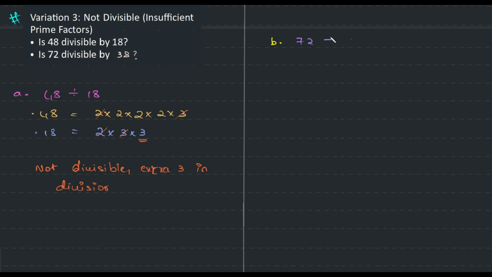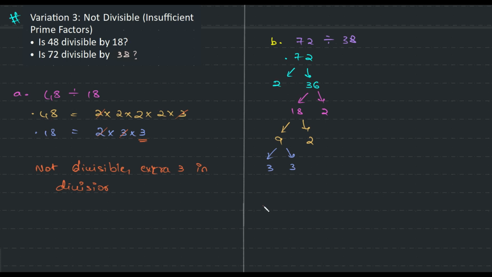Yes, 72 getting divided by 38. So 72 is this. I'll do the tree diagram. 2 and how much, guys? If I divide this with 2, 36. I think 36 we already did. 2 into 18. 18 is 2 into 9. And 9 is 3 into 3.